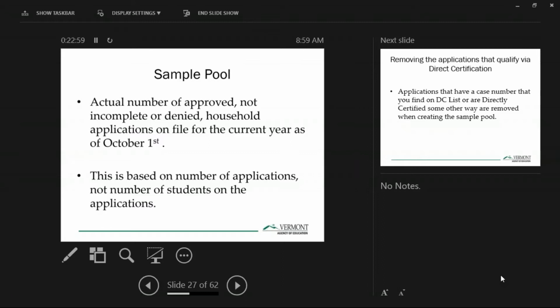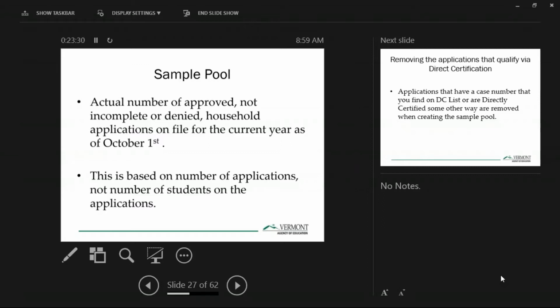So I'm just going to repeat that we had two questions so far. One was asking about communication with a homeless liaison when you receive an application that says it's homeless. I was just saying that you can approve that application based on face value that they're homeless and they'll get free meals, but that it's really beneficial to communicate with the homeless liaison, because that household may be entitled to receive other benefits if the liaison is not aware that the student is homeless.